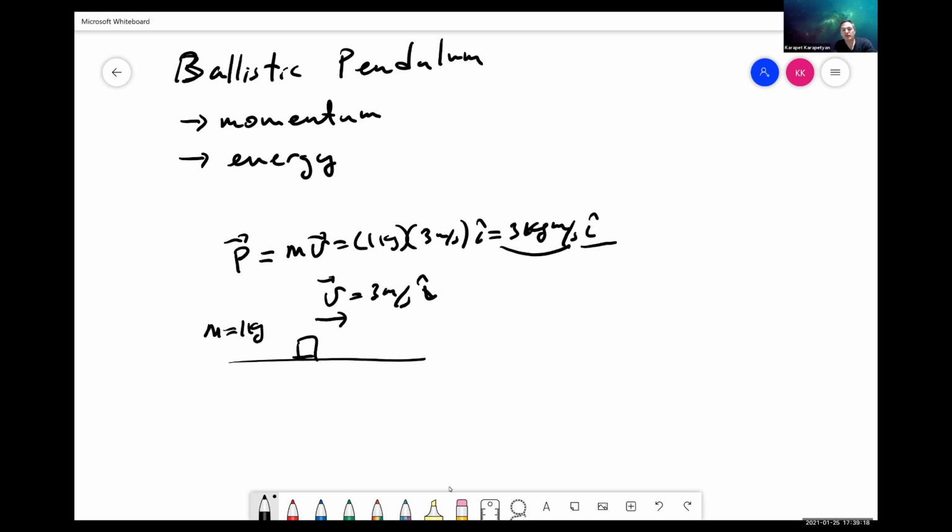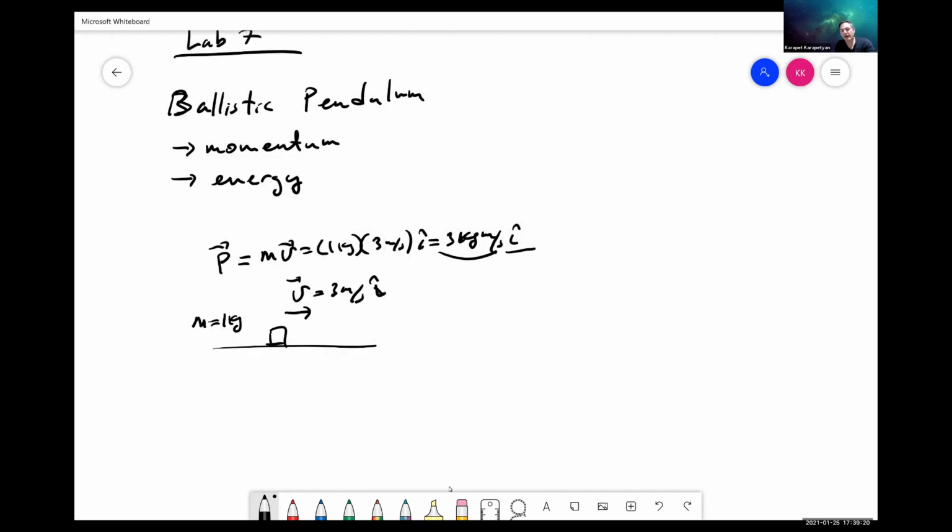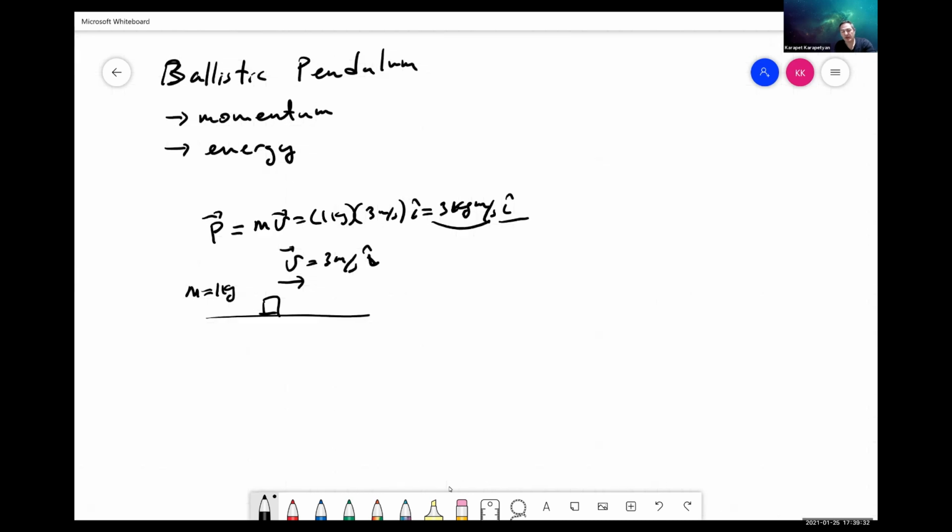All right, so technically you can say an object has no momentum if it's at rest, and it has momentum if it's moving. Now, what's more important as a physical concept is not just momentum, but change in momentum. So let's say delta P, which is final momentum minus initial momentum.